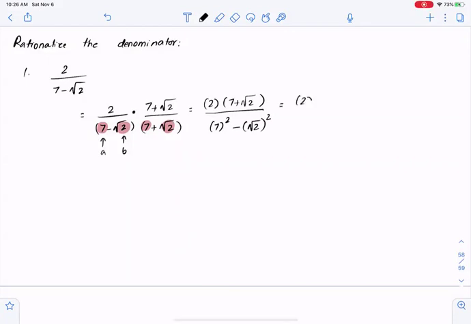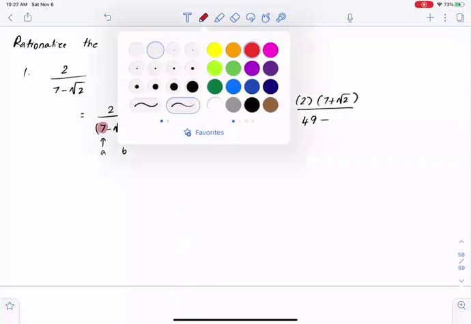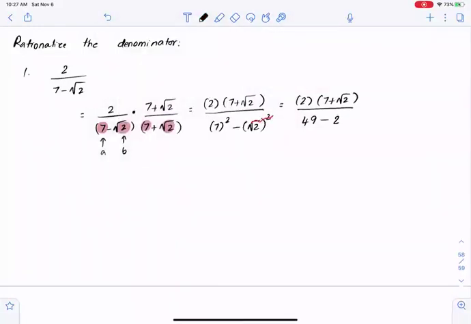So 2 multiplied by 7 plus square root of 2 divided by 49 minus 4. Oops. The root and power would get cancelled, we get 2.